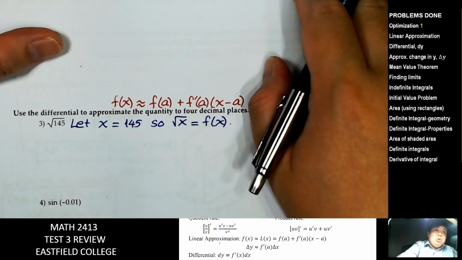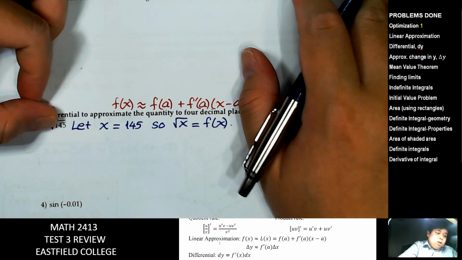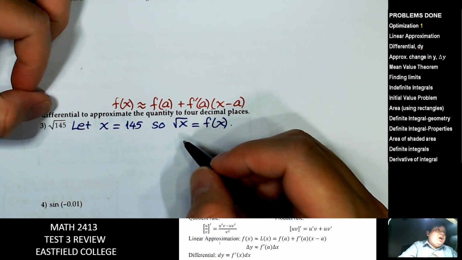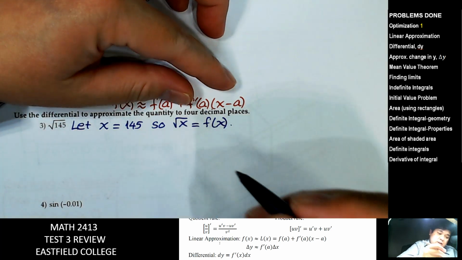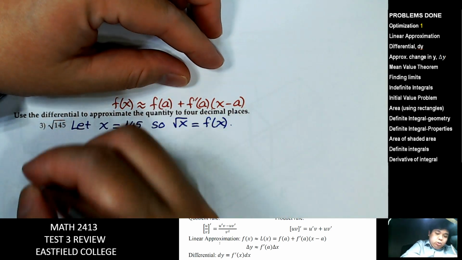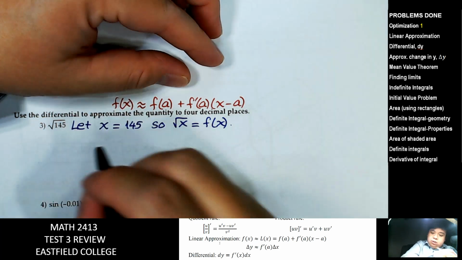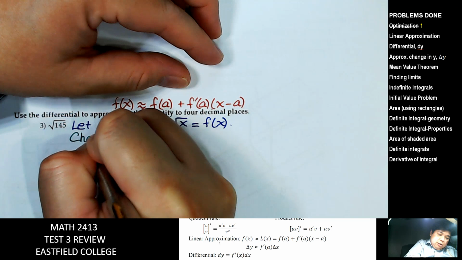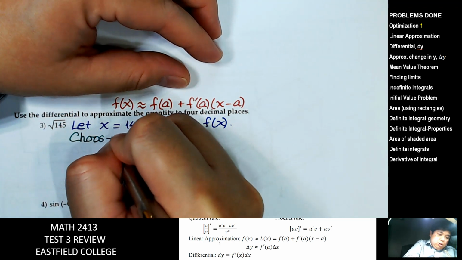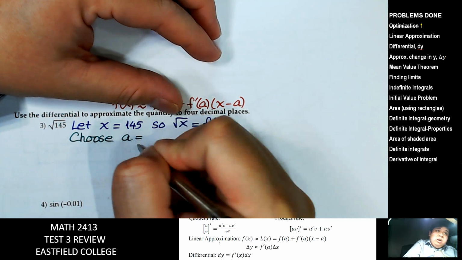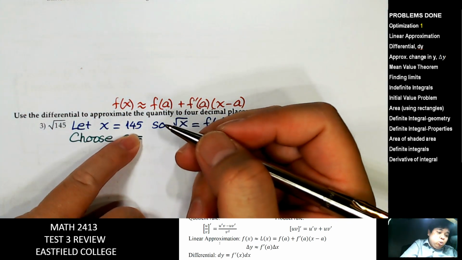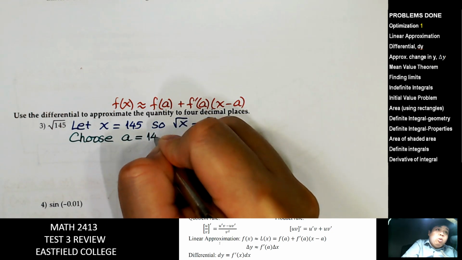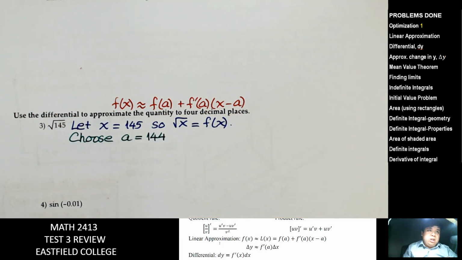After that, we choose a value that is very close to 145 and has a very nice square root. The square root of 144 is 12, so that's why we choose a to be 144.